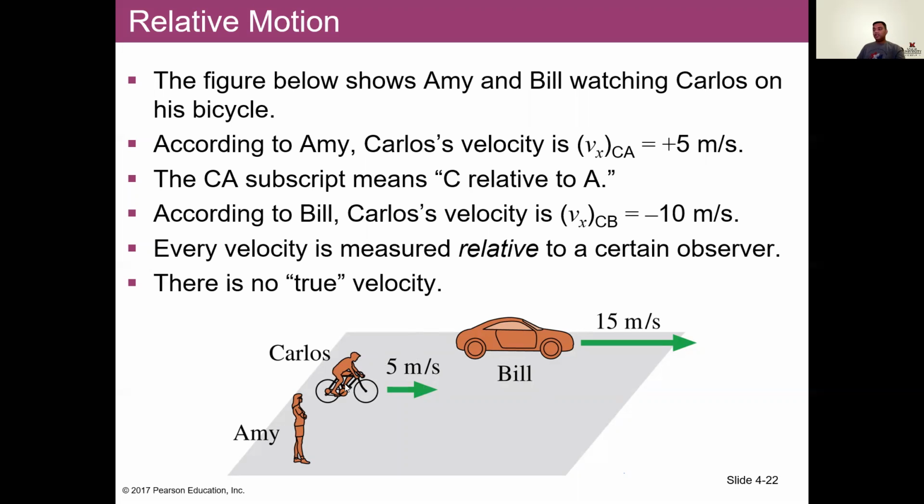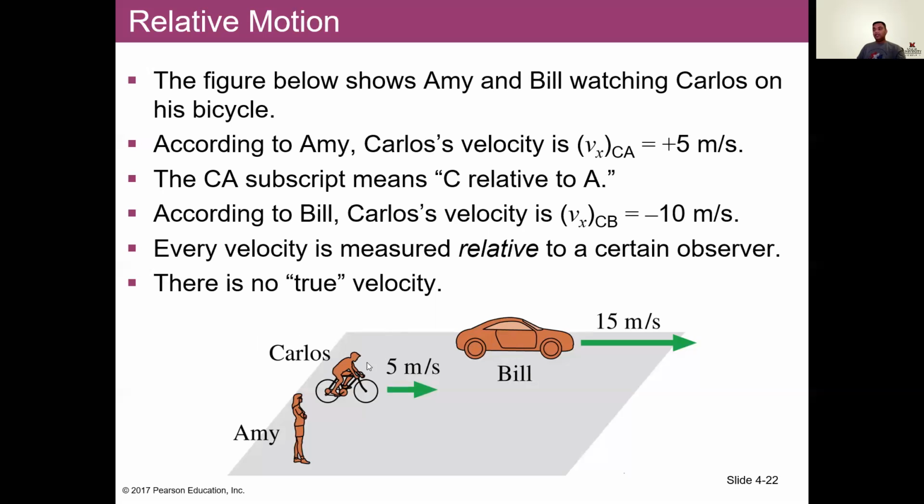That's why the relative velocity of Carlos according to Amy is a positive number. The velocity of Carlos according to Bill is a negative number, because according to Bill, Carlos is not moving forward. Carlos is actually moving backward with respect to this car. That's what he is going to see.